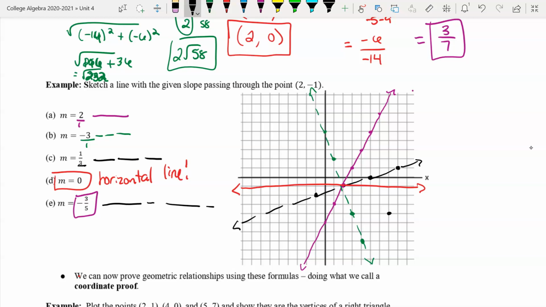I can go up 3, left 5. Another special line that we talk about a little bit is if your slope is undefined, it's going to be a vertical line.